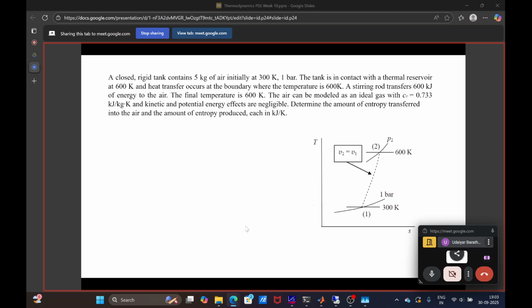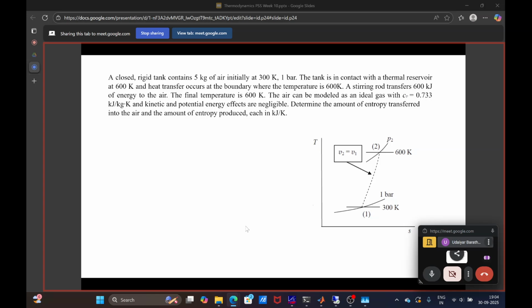The next question is, we have a closed rigid tank which contains 5 kg of air initially at 300 Kelvin and 1 bar. The tank is in contact with a thermal reservoir at 600 Kelvin, and the heat transfer occurs at the boundary where the temperature is 600 Kelvin. A stirring rod transfers 600 kilojoules of energy to the air.